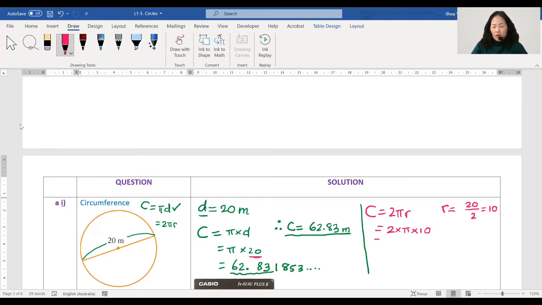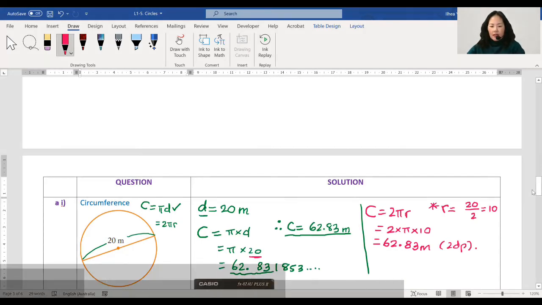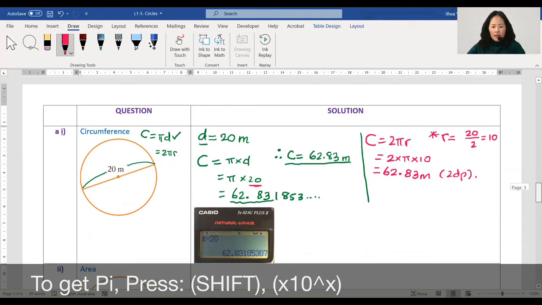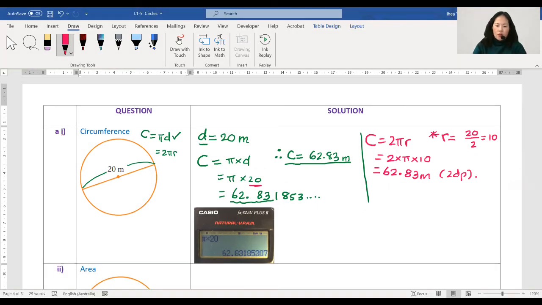But if you prefer to memorize 2 pi r, you can still do it. Only thing is you need to find the r instead of d. When you put it in your calculator, you will get exactly the same value, in 2 decimal places. In your calculator, all I did was pi times 20 equals, and that's what you're going to get.